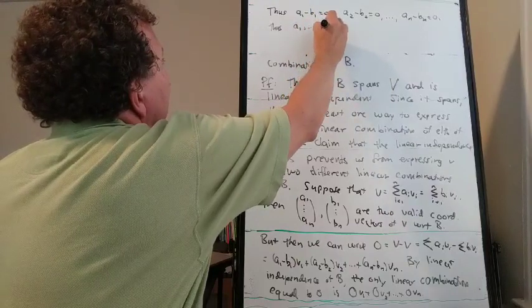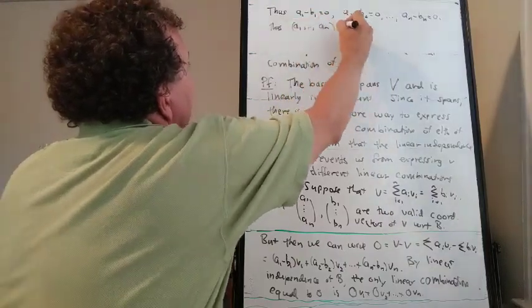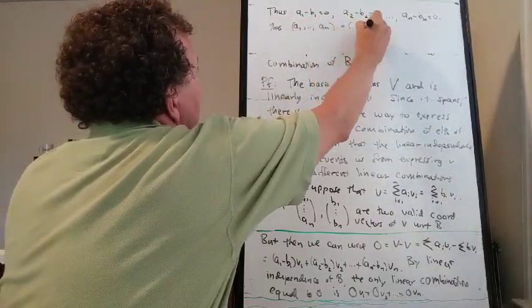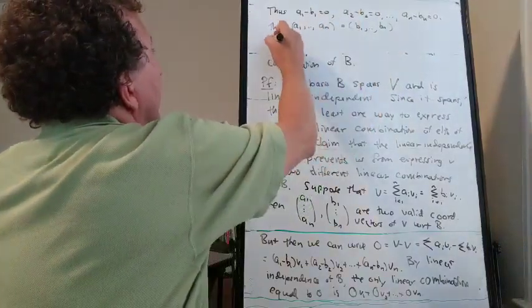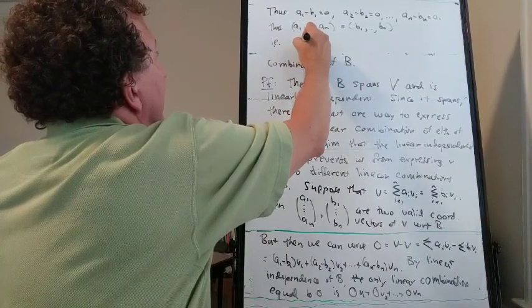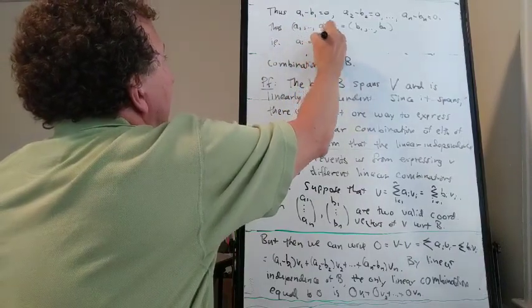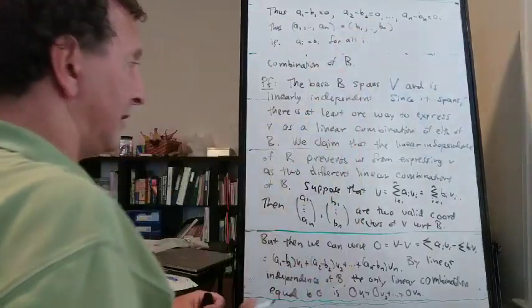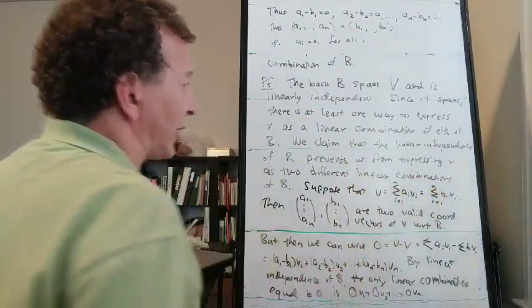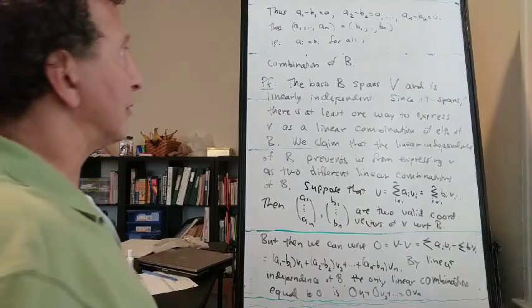So the sequence a1 through an is equal to the sequence b1 through bn. That is, a_i equals b_i for all i. So these aren't two different coordinate vectors, it's the same coordinate vector twice.